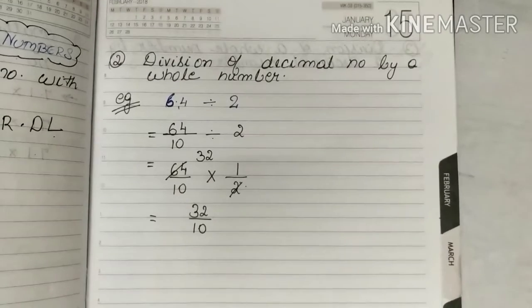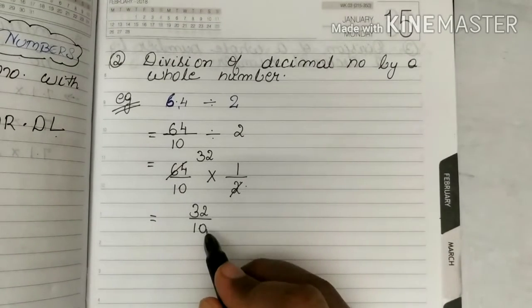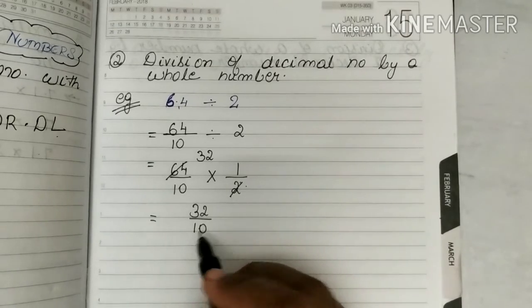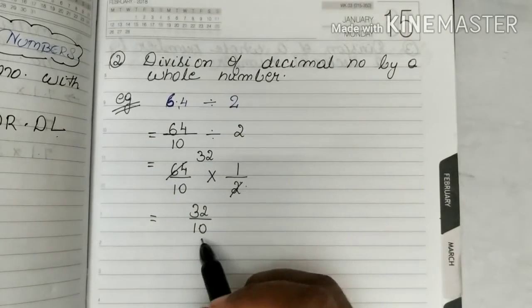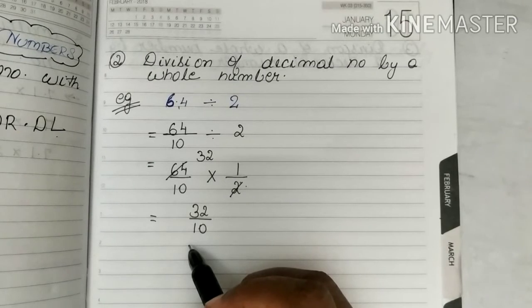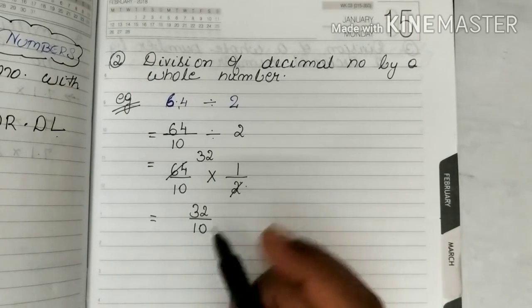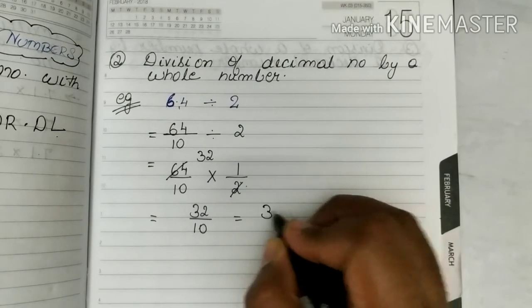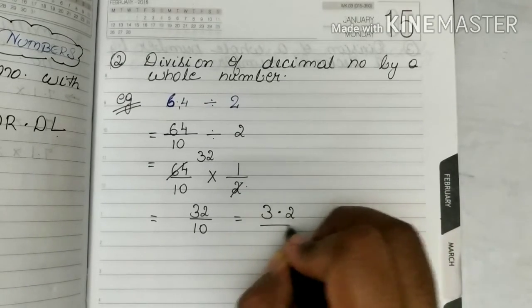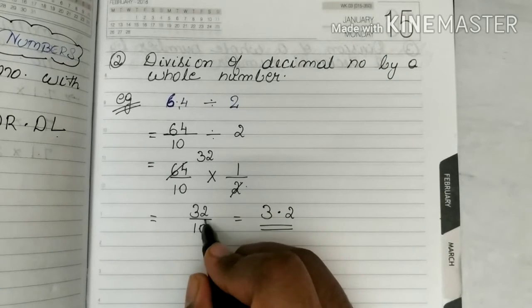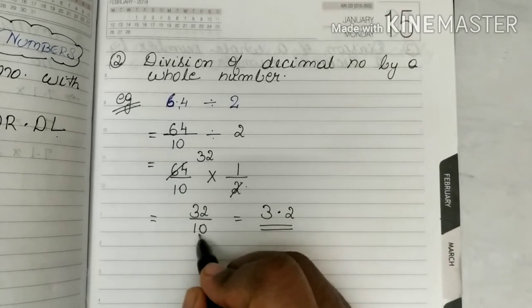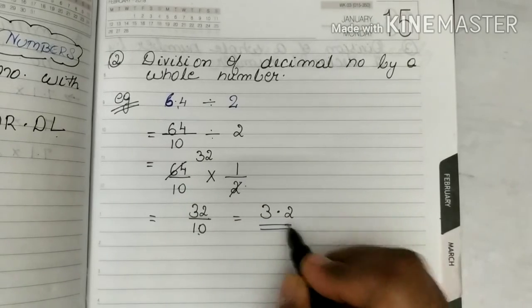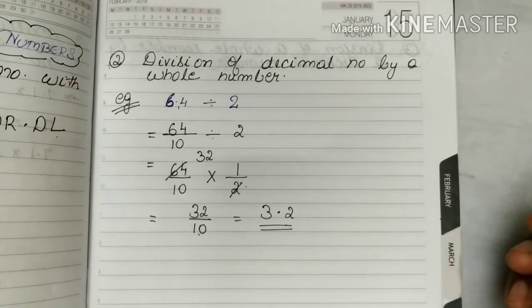Now 32 divided by 10 can directly be written in decimal format. Since the question is in decimal, the answer should also be in decimal format. So the answer will come as 3.2. Whenever we divide by 10, the point will move this side and the answer will be this.